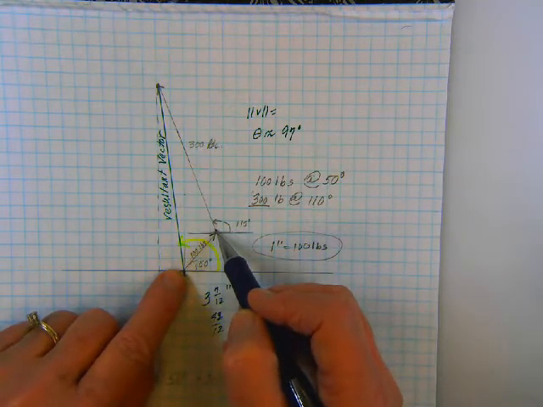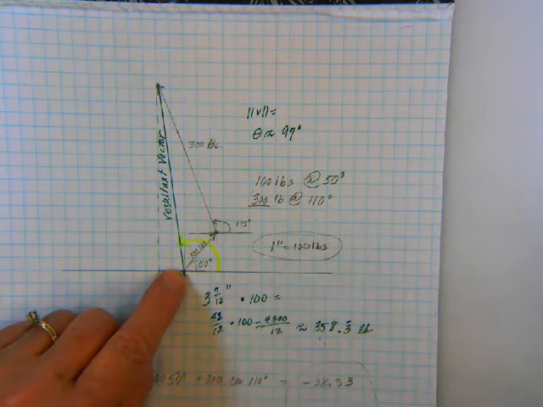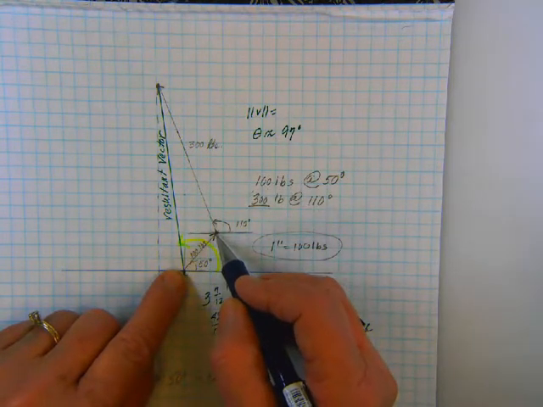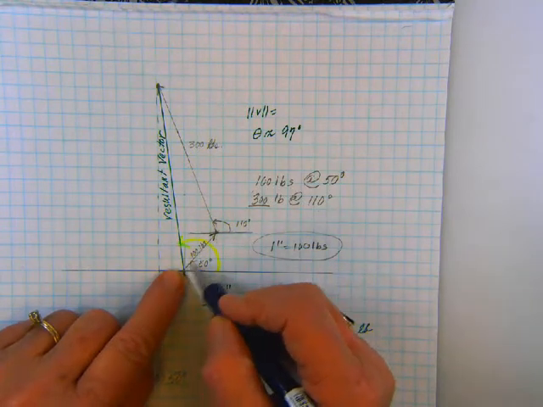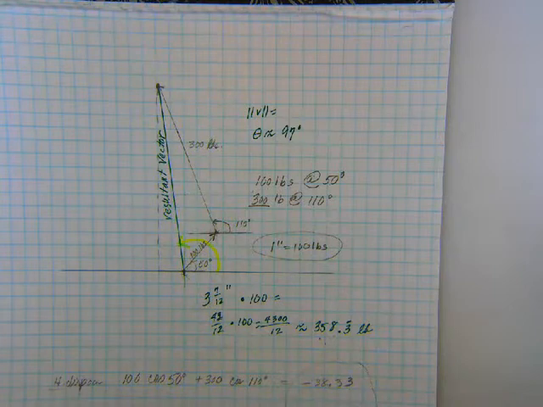Since it has to be a certain length, I came up with a scale. My scale, 1 inch, was equivalent to 100 pounds. So once I drew this line, 1 inch, the end of that became that force vector, 100 pounds at 50 degrees.